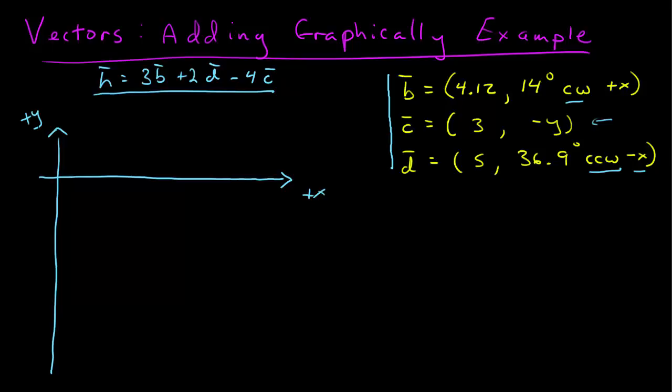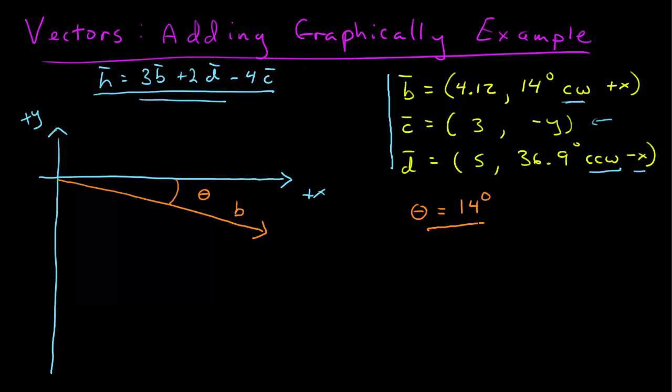So the first thing is to get 3b plus 2d. So b is 14 degrees clockwise of the positive x-axis. Now I'm going to add to that twice the d vector, which is 36.9 degrees counterclockwise. But I need to do it using the tail to tip method. I'm going to draw a set of coordinates parallel to my x and y at the tip of b.